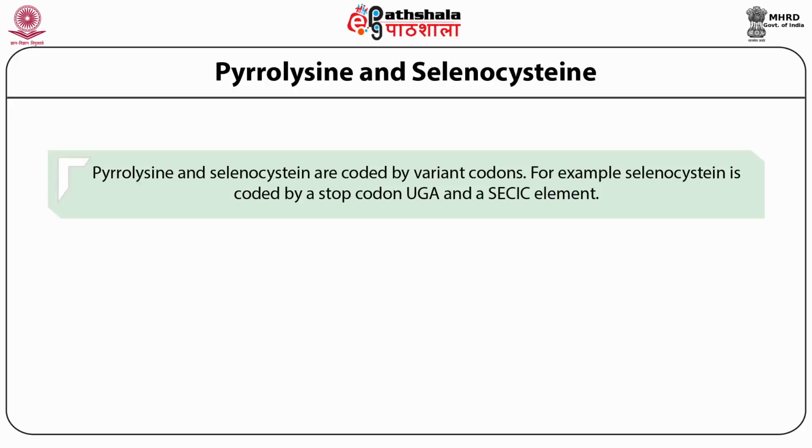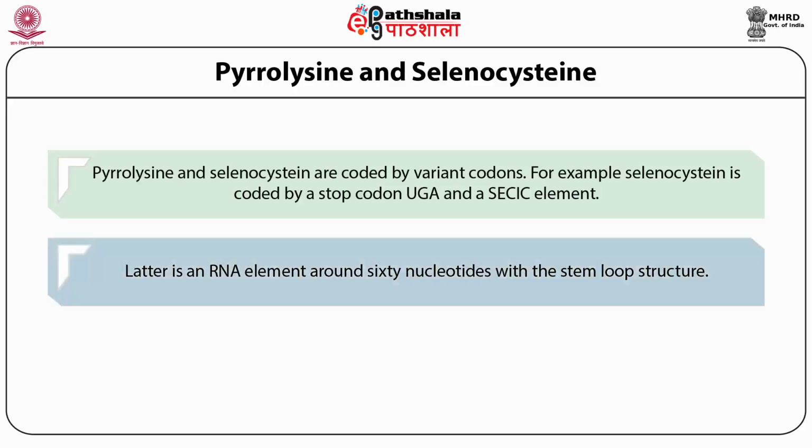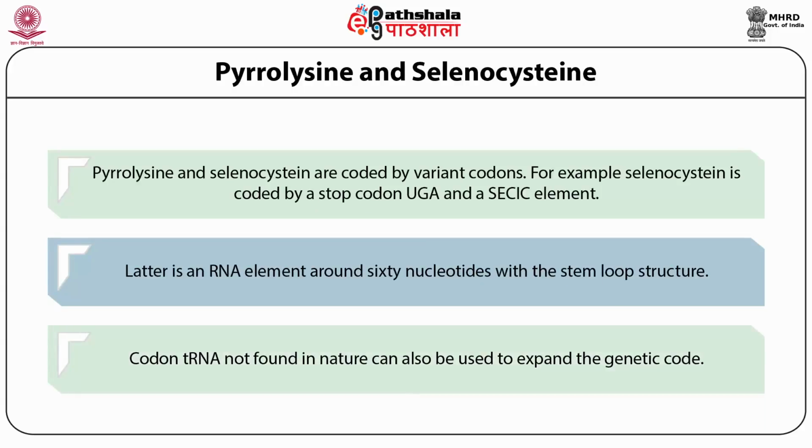This SECIS element is an RNA element of around 60 nucleotides with a stem loop structure. Codon tRNA, not found in nature, can also be used to expand the genetic code.